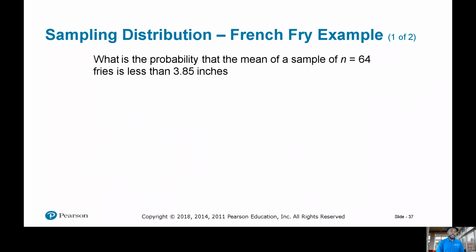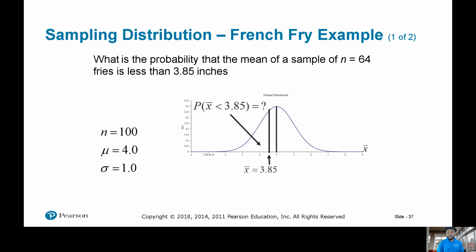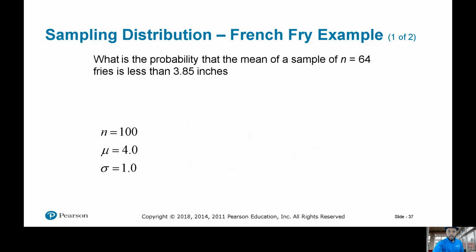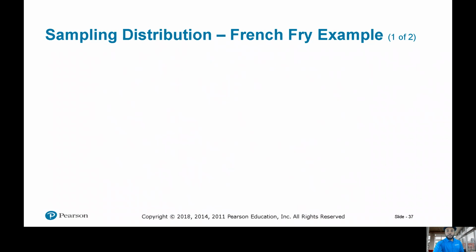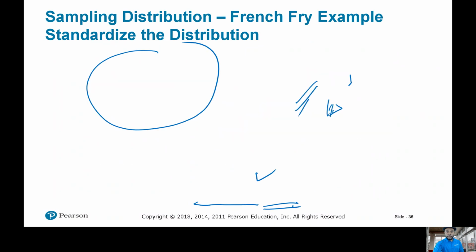What is the probability that the mean of the sample of n equals 64 fries is less than 3.85? So here now we are changing the question a little bit. Just a moment, let me go back to see.